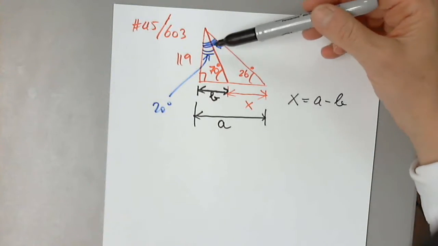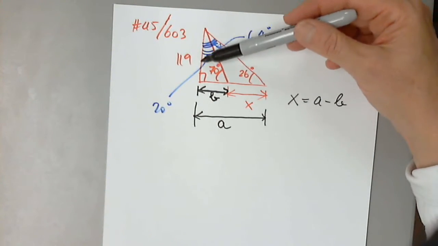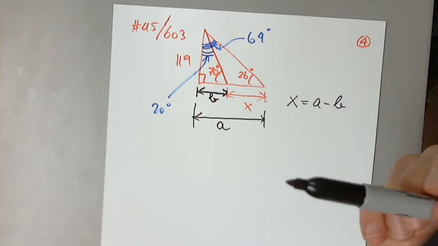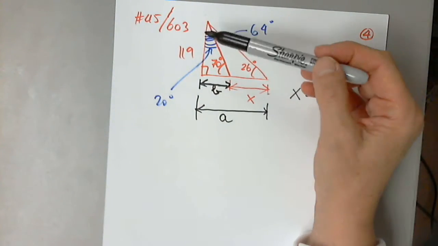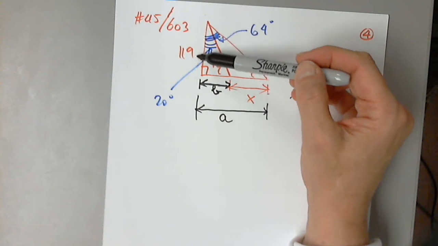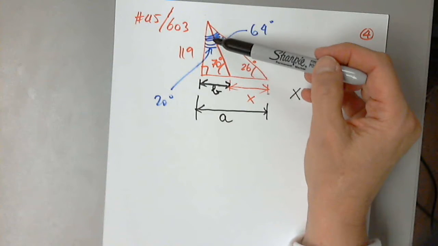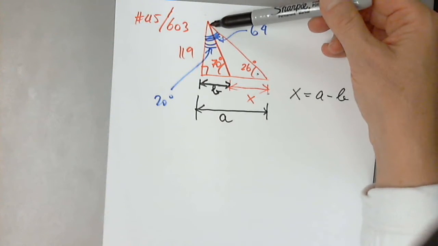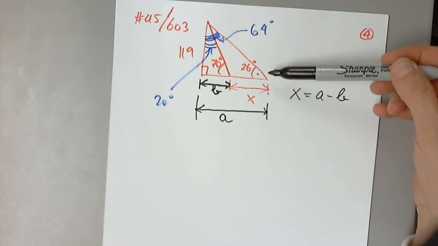So now let's see if we can determine A from this triangle. I have the measure of the adjacent angle for this, or the opposite angle for this, but I don't have any information about the hypotenuse.